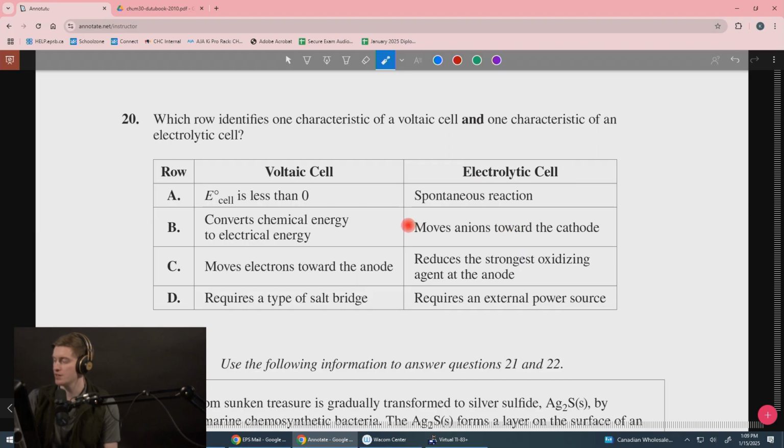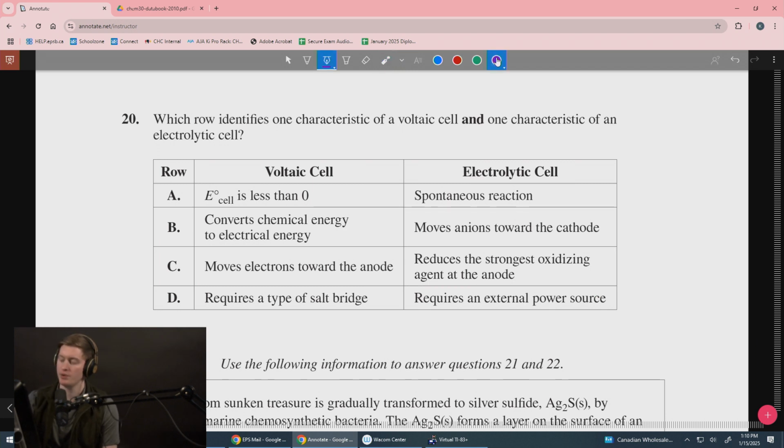And an electrolytic cell moves anions towards the cathode. In a voltaic cell, you move electrons towards the anode. In an electrolytic cell, you reduce the strongest oxidizing agent at the anode. And in a voltaic cell, you require a type of salt bridge, and an electrolytic cell requires an external power source. All right, let's move through each of these statements.